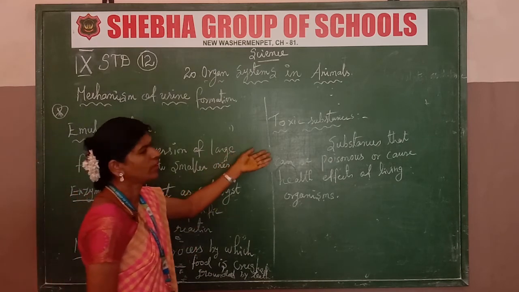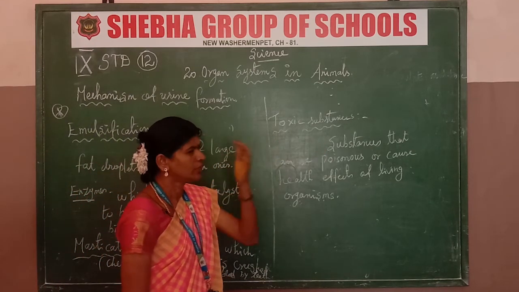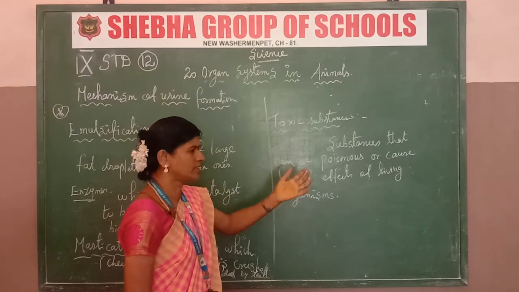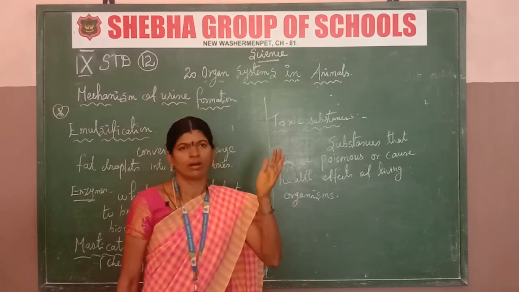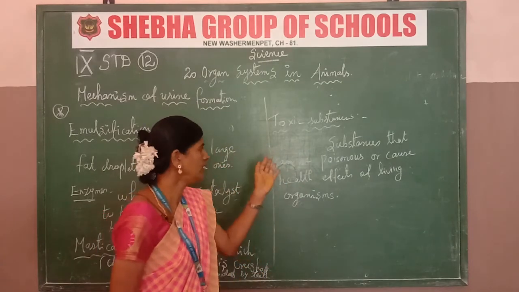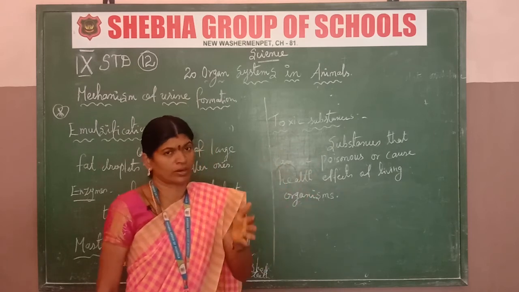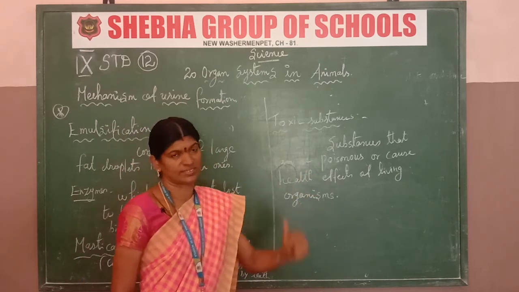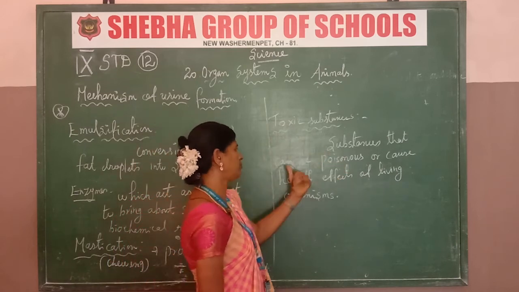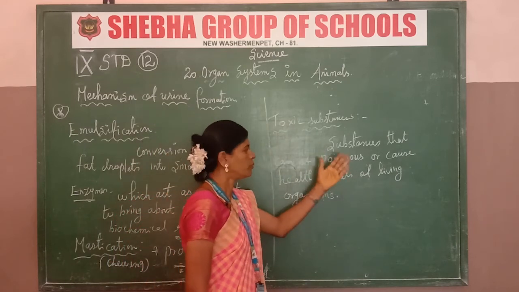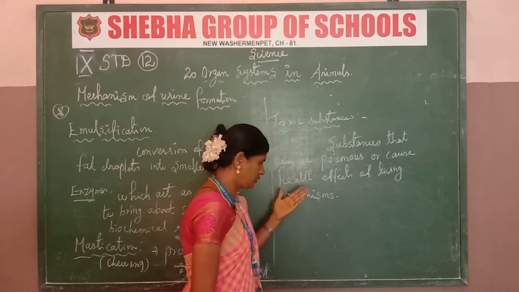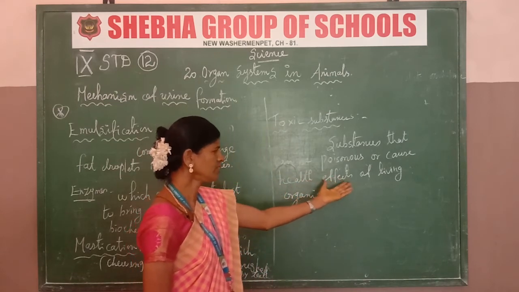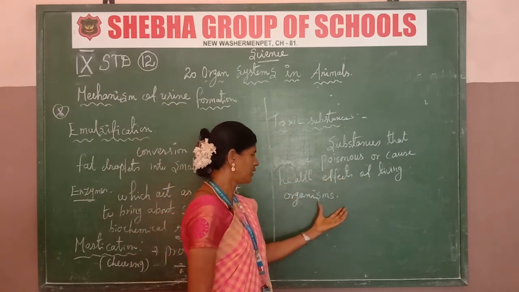Okay. Next, toxic substances. You know toxic substances, what are they? Excretory products are excreted from your body, so they are called toxic substances. Substances that can be poisonous or cause health effects in living organisms.